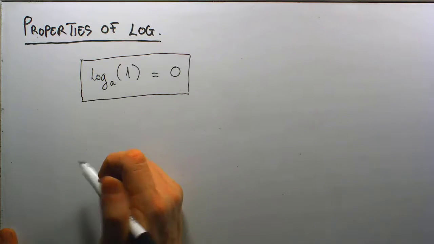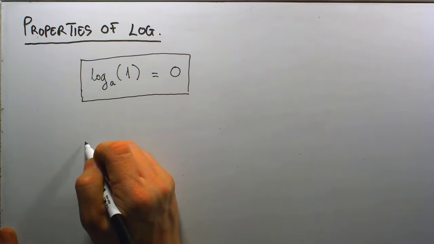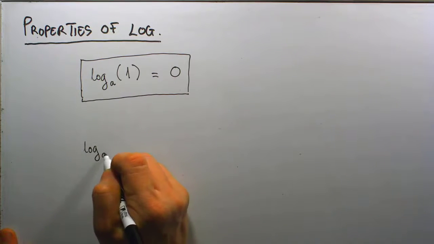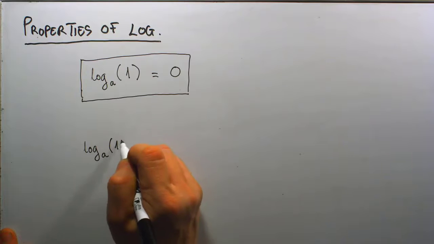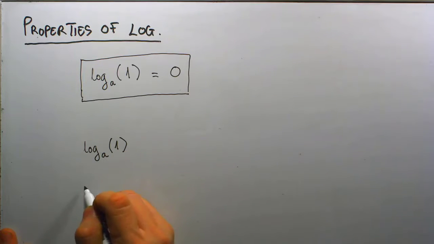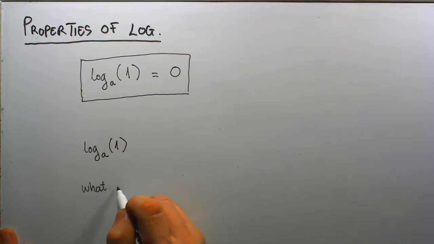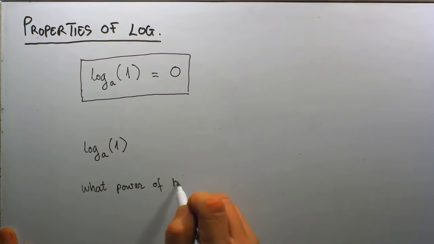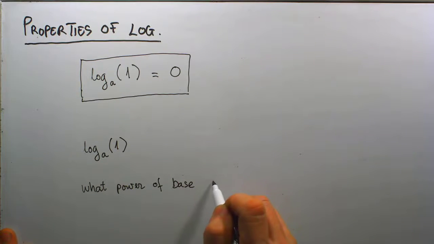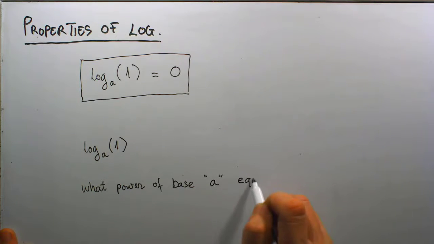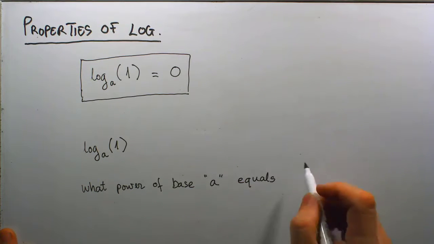Most ultimately, according to the way I started out introducing logarithm, when we're looking for the answer to log base a of 1, recall that we brought up the following question: what power of base a equals 1?